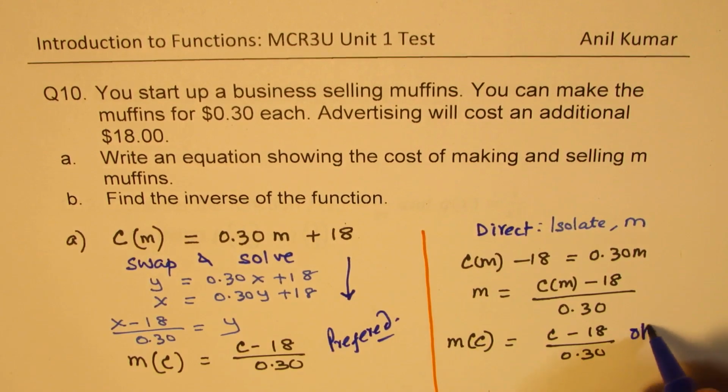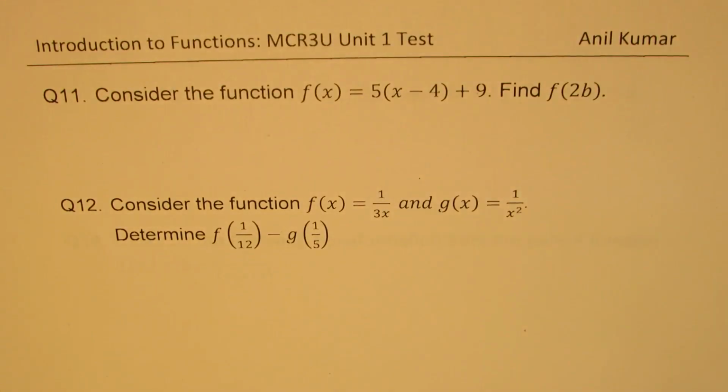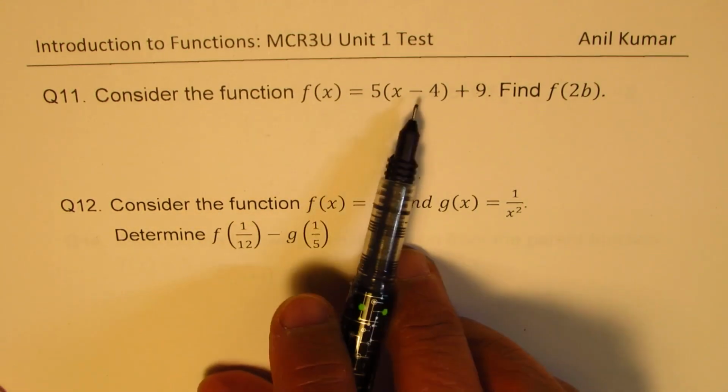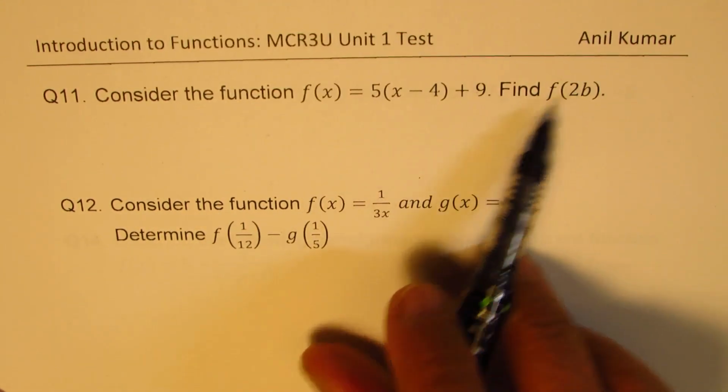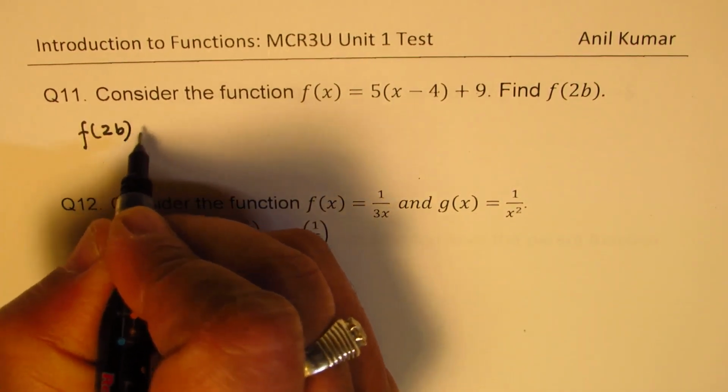Right, these are the two methods which you could adopt. Let's move on and take up question number 11, which is: consider the function f of x equals 5 times x minus 4 plus 9. Find f of 2b. So you have to replace x with 2b.